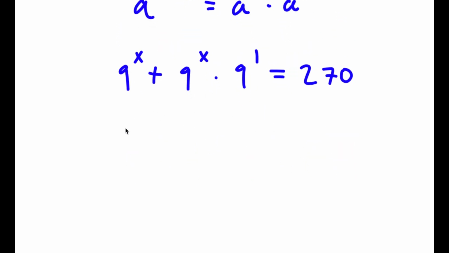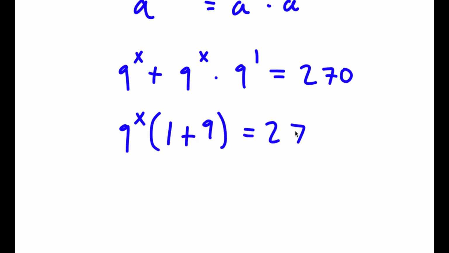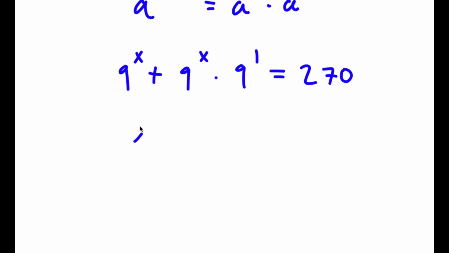Now, if I factor out 9 to the power of x from here, I get 9 to the power of x times 1 plus 9. Sorry, actually, instead of doing that, I'm going to let 9 to the power of x equal the variable m.